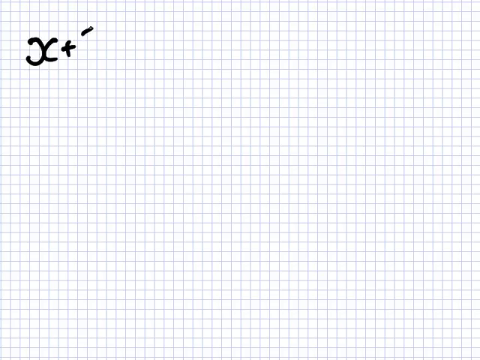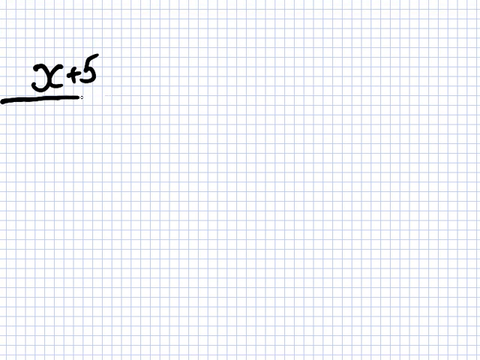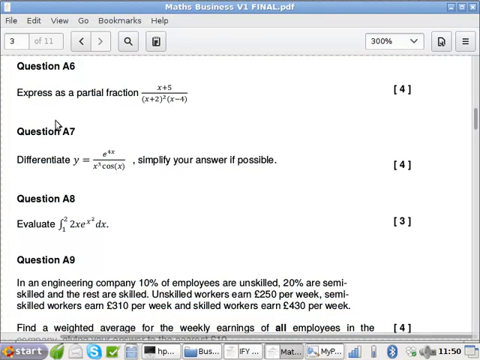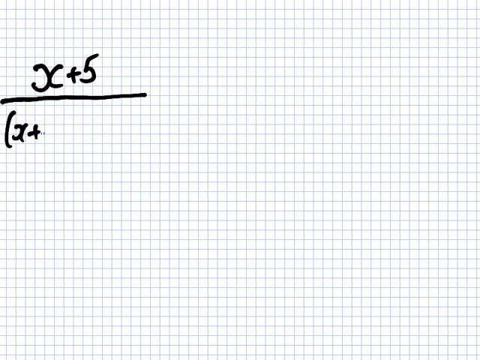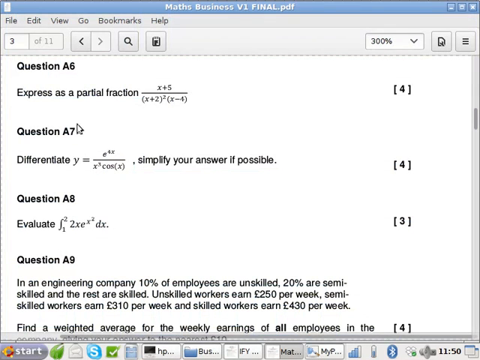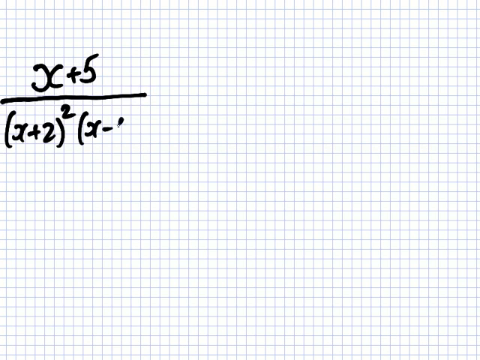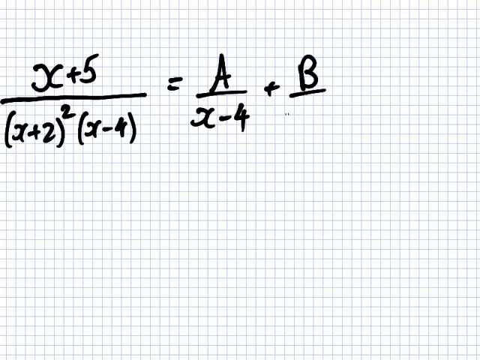x plus 5 over x plus 2 squared, x minus 4. Right, so I'll start with the x minus 4, just because, reasons, I don't know. A over x minus 4 plus B over x plus 2 plus C over x plus 2 squared.